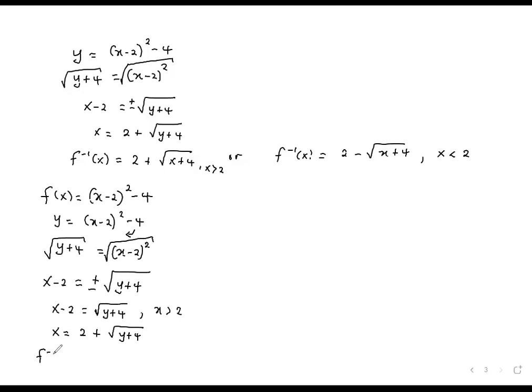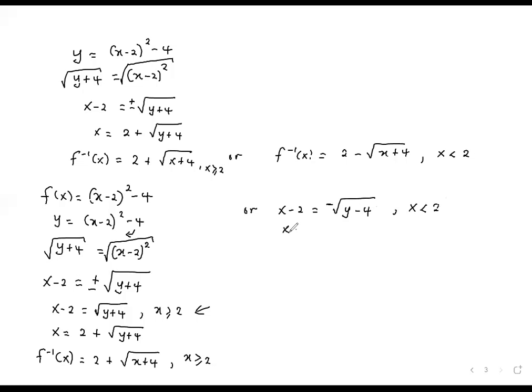So f inverse for this piece is 2 plus the root of x plus 4 whenever x is greater or equal to 2. In fact, here we allowed x to be equal to 2 as well. Or, x minus 2, I'm back to this one, is equal to the negative root of y plus 4 whenever x is less than 2.